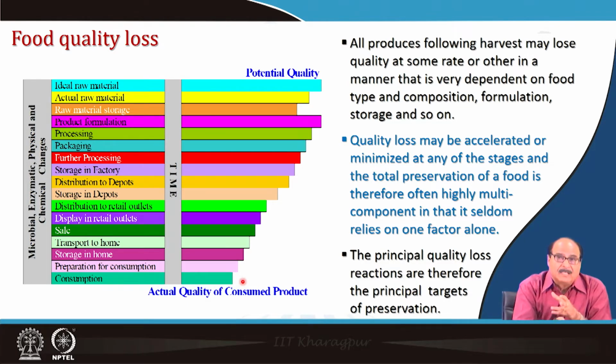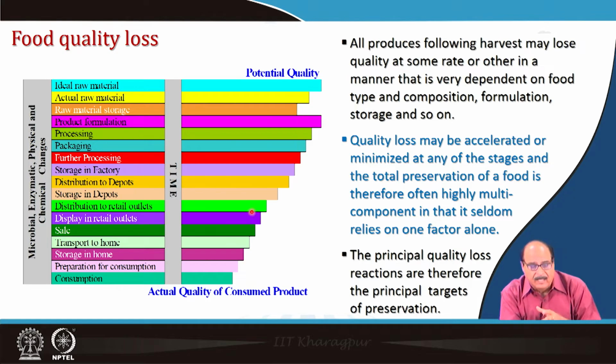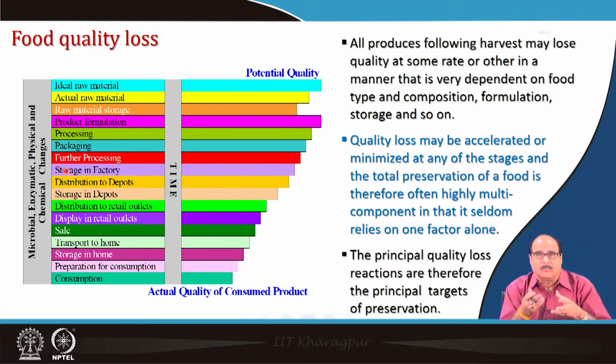The reason is that the food material being handled is a biological material, and various agents like microbiological, enzymatic, physical and chemical agents act on it and bring about various changes. So, in processing, by having appropriate measures, we intend that the quality of the final product is as close as possible to the initial raw material, because this quality loss may be accelerated or minimized at any stage.